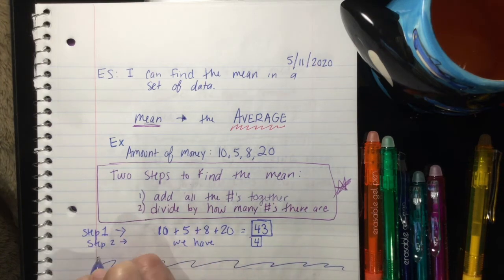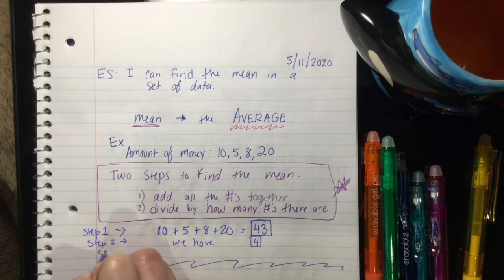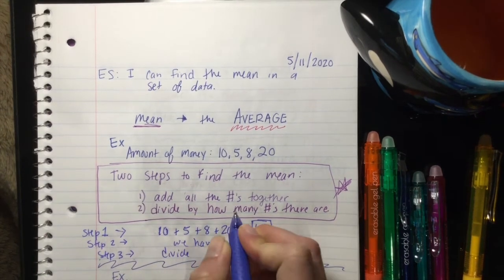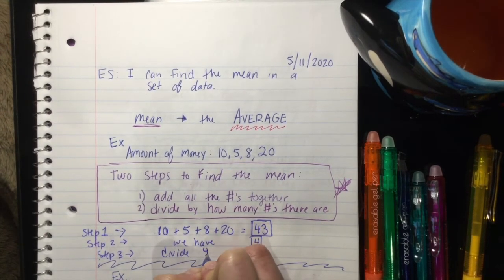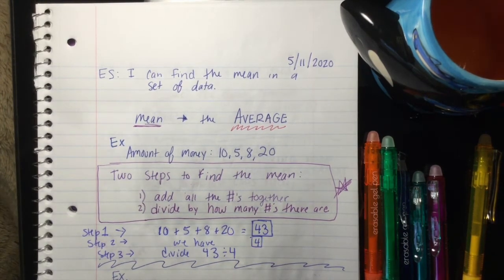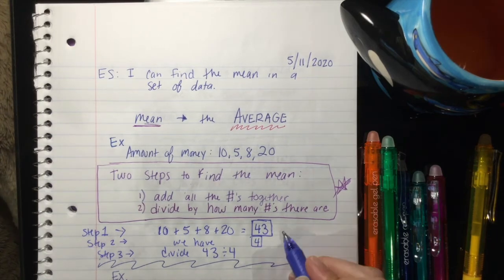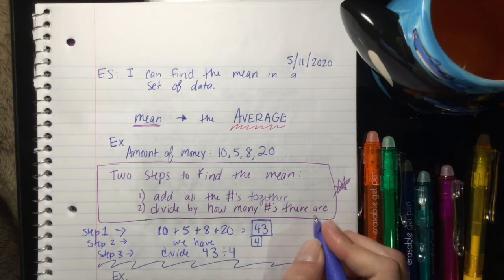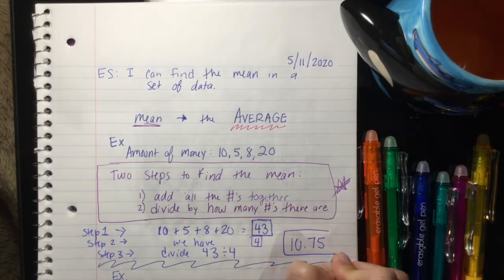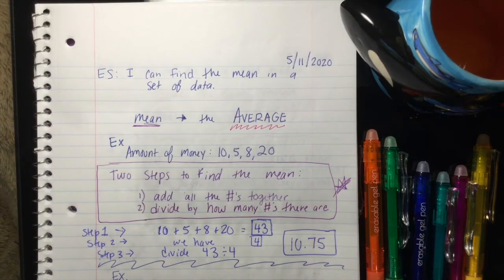Step 3 is then to divide 43 divided by 4. And what do we get with that? You can pause the video and take 43 divided by 4 and you're going to get 10.75. And that is the mean, or the average, of all the numbers added together.